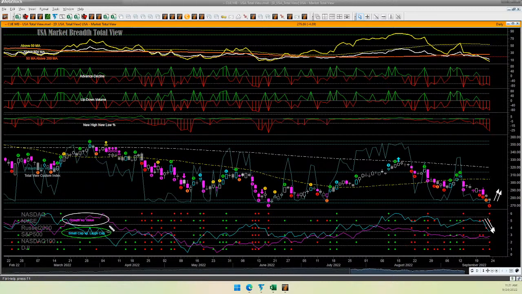What about growth versus value? Growth was underperforming for a while, and now it is moving inside a range. So from growth underperforming to growth becoming equal performing, if this improvement continues, then growth may start to go up. May.